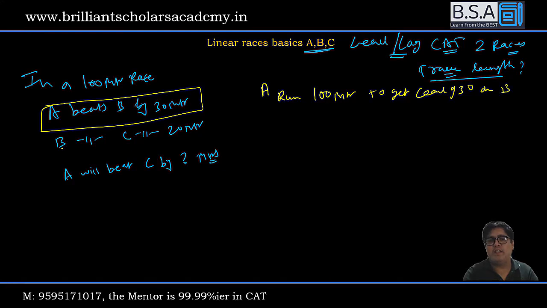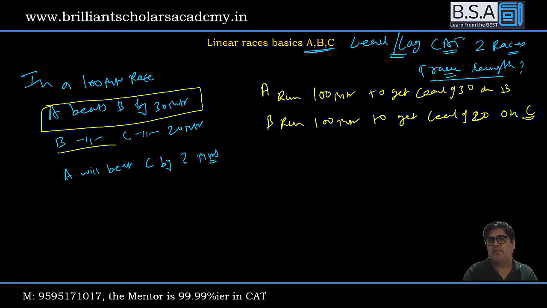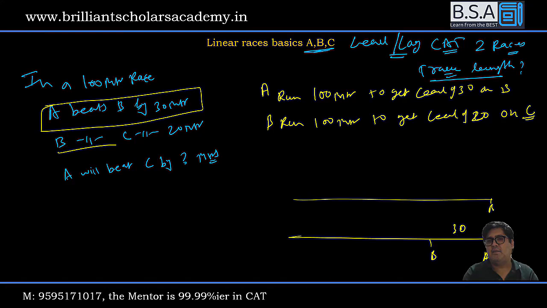On B. What this sentence means is B must run 100 meters to get a lead of 20 on C. Let me visualize this. A is here, B is here, 30 meters. B is here, C is here, 20 meters.